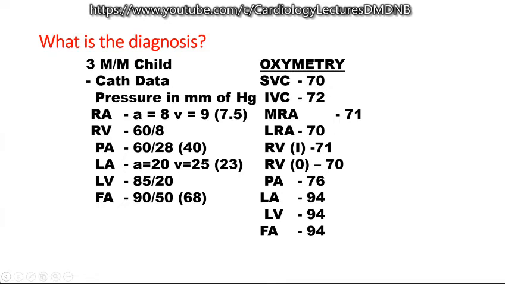Could you understand why ALCAPA is a very unlikely possibility? Why did I say that ALCAPA will be an unlikely possibility? Because this patient has developed severe left ventricular failure. Left ventricular failure occurs in patients of ALCAPA where there is no communication between the right coronary artery and left coronary artery.